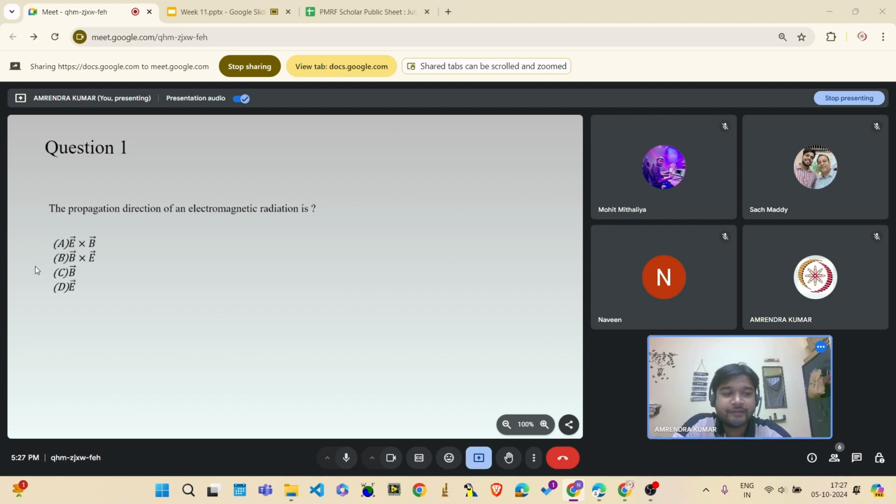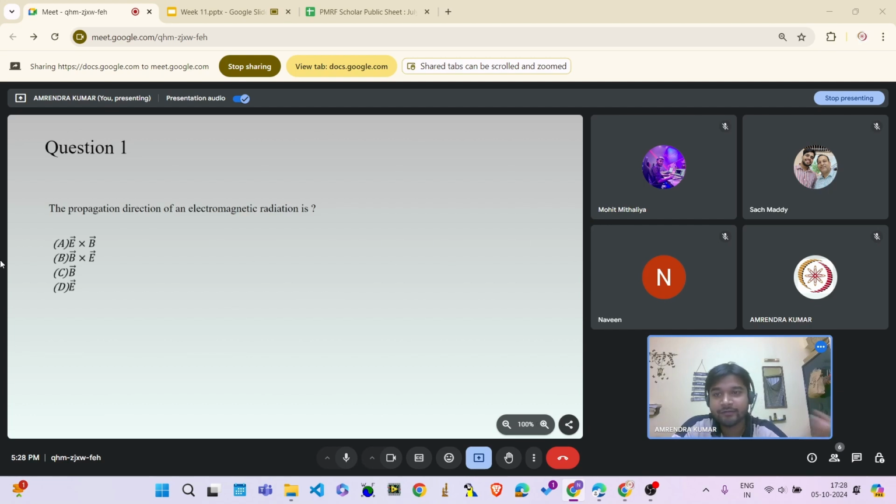It does not matter in which medium you are; if you know how to calculate the Poynting vector, you will know the direction of propagation of any electromagnetic radiation. The Poynting vector is given by E cross B, not the other way around, not B cross E. So the first one is the correct answer.